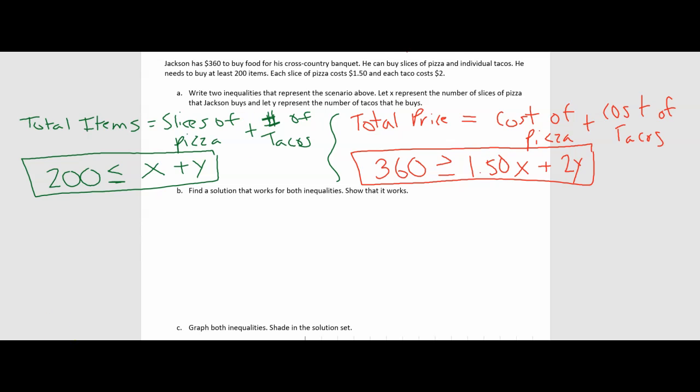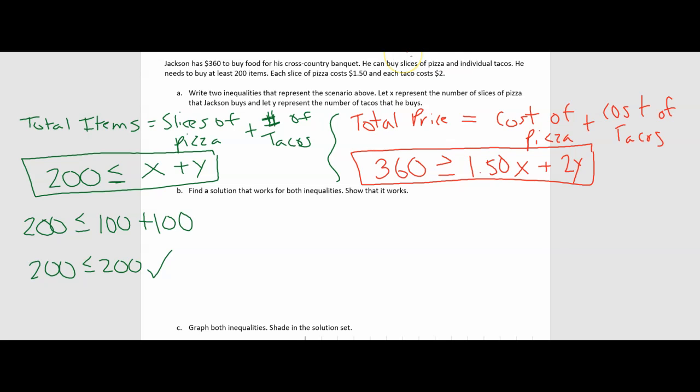All right, so one solution would be 100 tacos and 100 slices of pizza. You can see that it works for the green. 100 and 100. That is true, right? 200 is greater than or equal to 200.